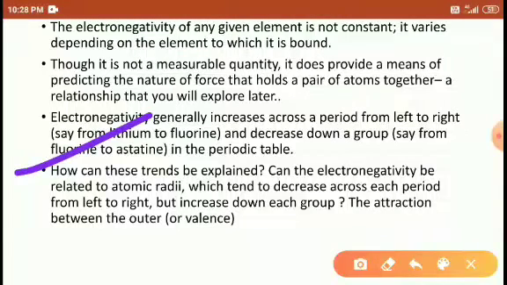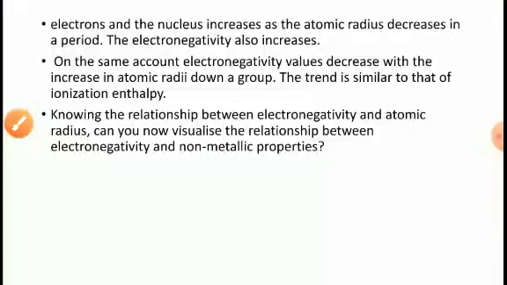However, how can the trend be explained? Can electronegativity be related to the atomic radii, which trend decreases across each period from left to right and increases down the groups? The attraction between the outer valence electrons and the nucleus increases, and the atomic radius decreases in a period.